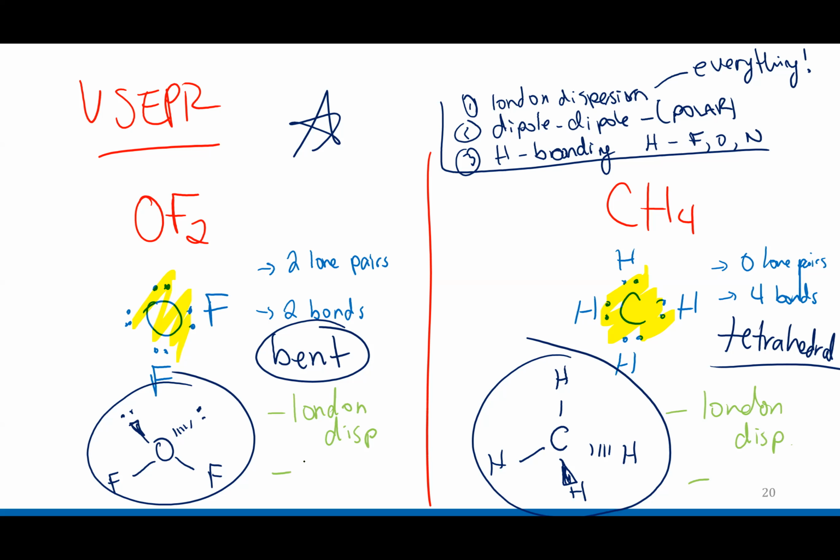So the next question is, are they polar? Do they have dipole-dipole forces? This goes back to the question in my chat, which I'll answer in 1 minute. I think it was Abdullah who asked. How do you know if something has dipole-dipole? Well, you need to figure out if it's polar. You can see this in my notes, back in chapter 3.